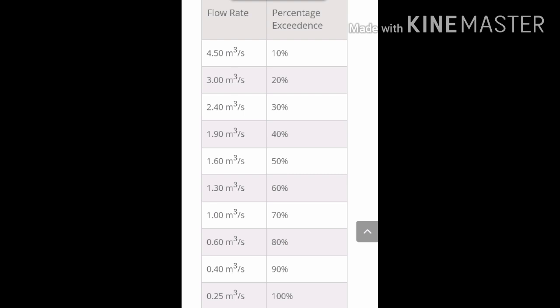Such a curve for the table here is given now.